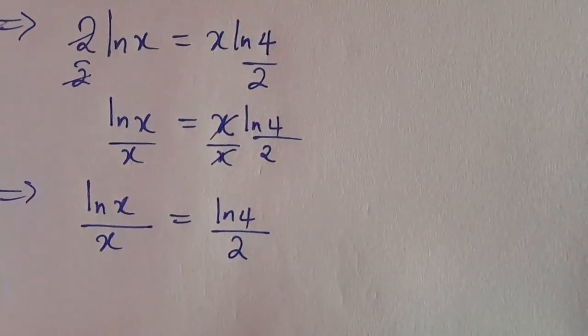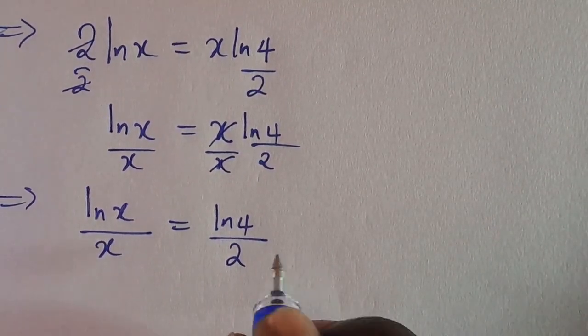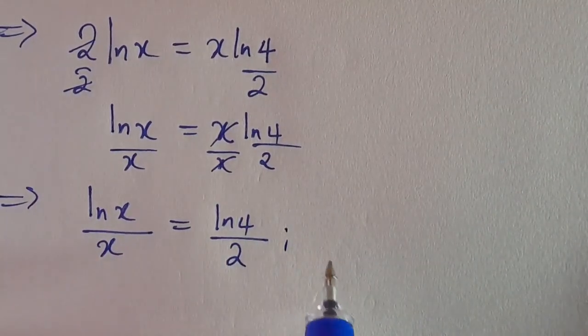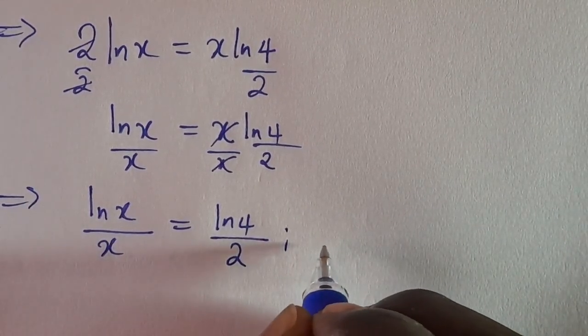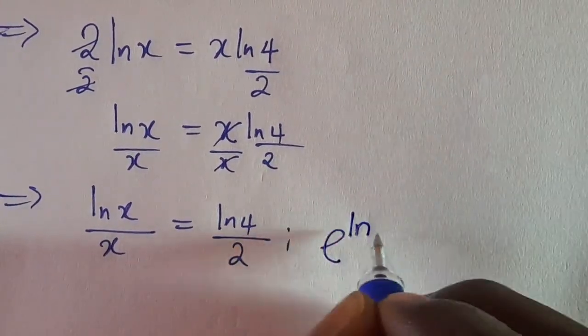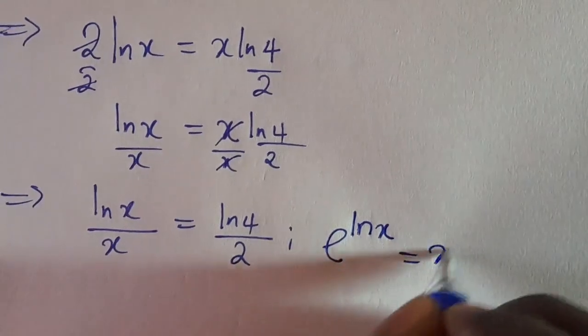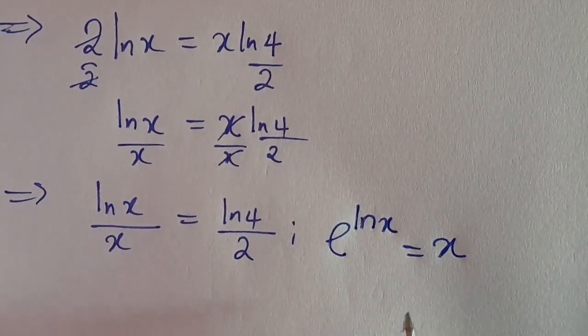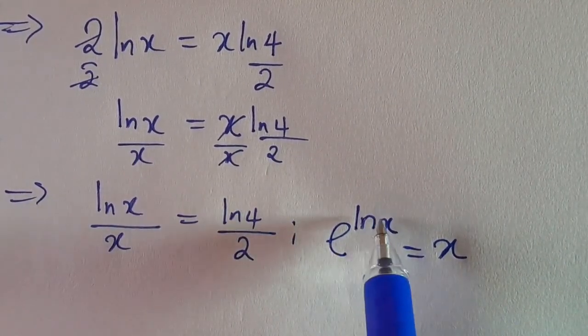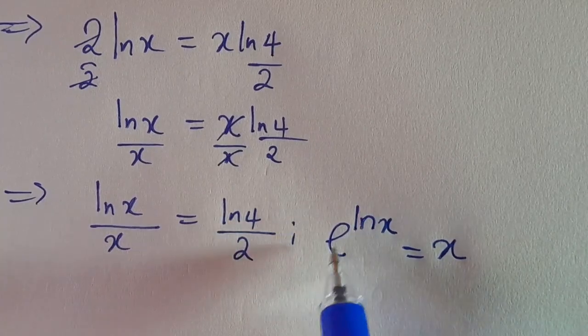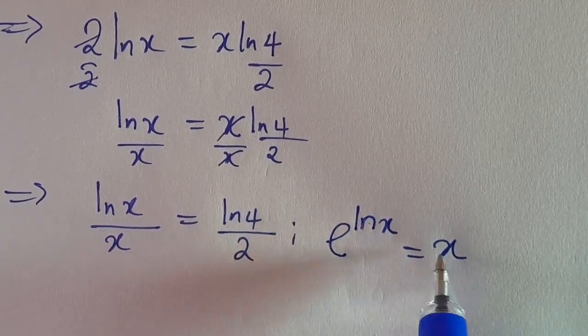we have to recall from exponents and natural log that when you have e to the power of ln of x, this always gives us back our x. Why? Because exponents and natural log are vice versa, so they normally cancel each other. So when this one cancels this, we get back our x.